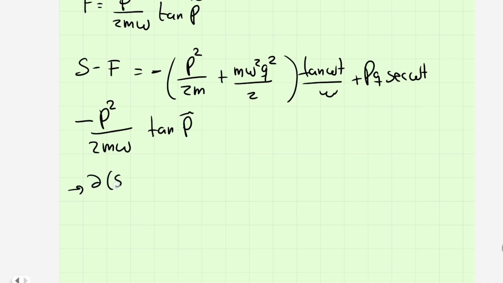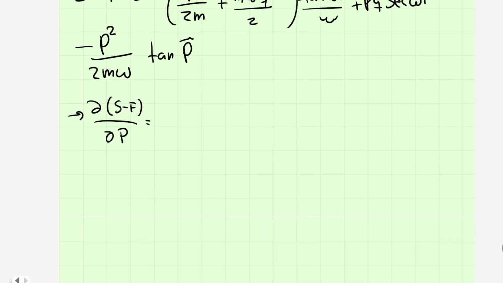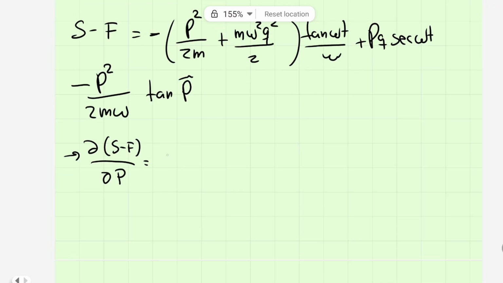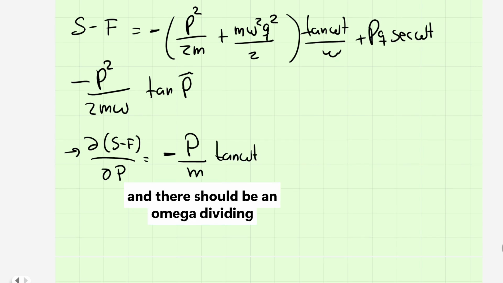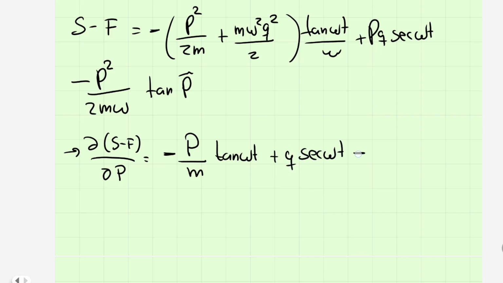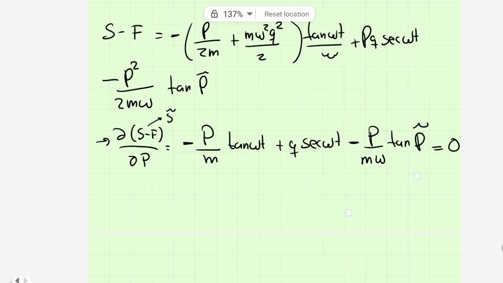The derivative of s minus f with respect to upper P is equal to minus P divided by m tangent omega t, plus q secant omega t, minus P divided by m omega tangent P tilde. And recall that since this is equal to s tilde, the derivative with respect to P of s tilde is equal to 0. So this whole equation is equal to 0.